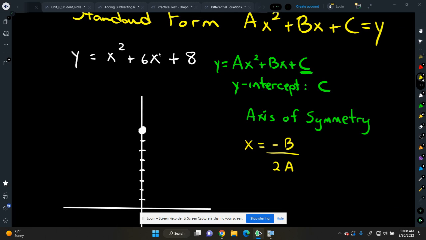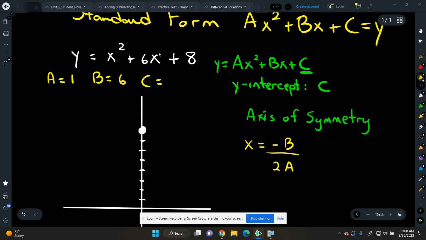Okay? So in looking at this equation, what does a equal? Well, it's the number in front of the x squared, which is 1. What's the b? 6. And the c we know is 8. So when it's in standard form, I identify the a, b, and the c.